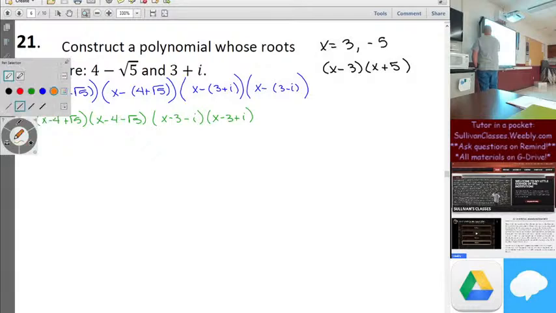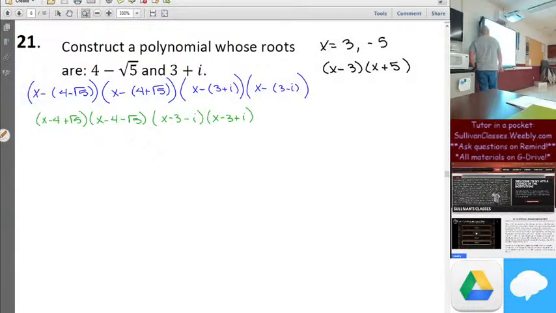I'm going to turbo this out. x by the stuff is x squared minus 4x minus square root of 5 x. Negative 4 by the stuff is negative 4x plus 16 plus 4 root of 5.